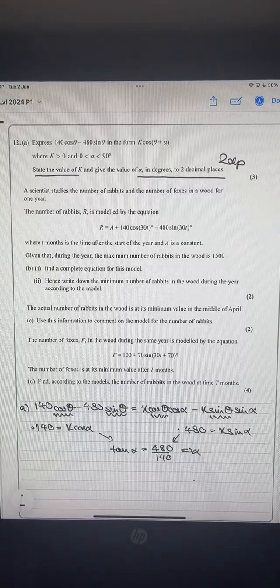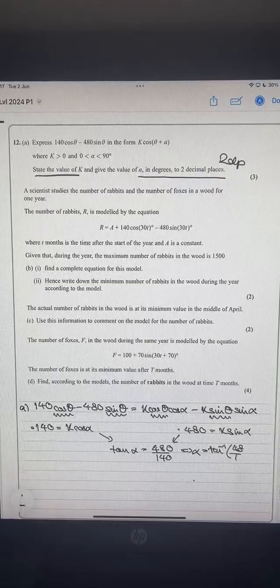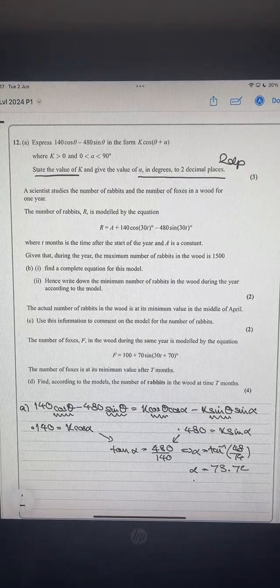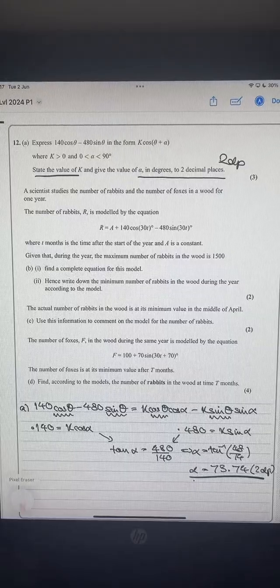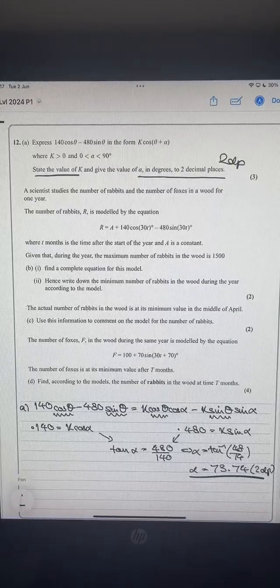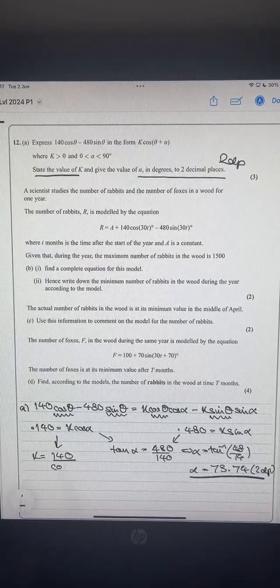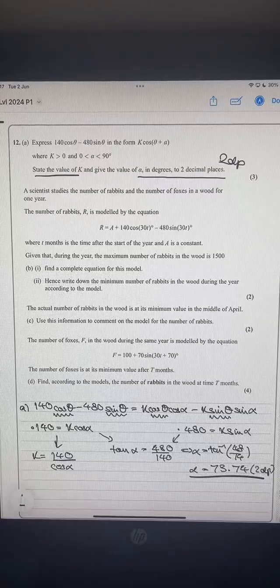So alpha is equal to tan minus 1 of 48 over 14, and you get that alpha is equal to 73.74 to 2 decimal places. So that is my alpha value, and I now need to find my k value. k is equal to 140 divided by cos alpha, and plug in your full value for alpha in here, and you will get 500.